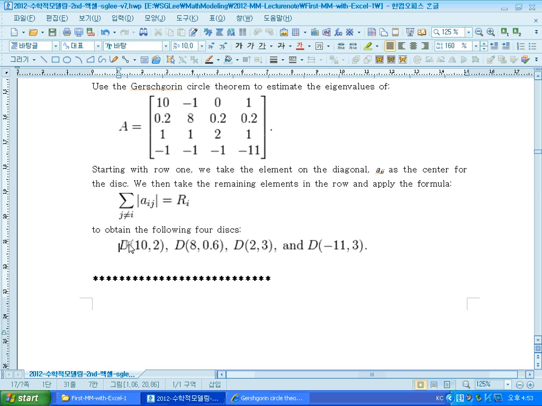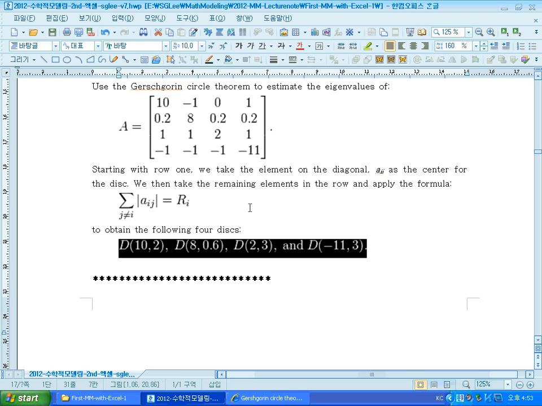So this is one circle with radius 2 centered at 10. The second circle is centered at A22, and the radius is the sum of these three positive numbers, 0.6. The third circle is centered at A33, which is 2, and the radius is 1, 2, 3. The fourth circle is centered at -11, and the radius is the sum of the absolute values of these three numbers, which is 3.